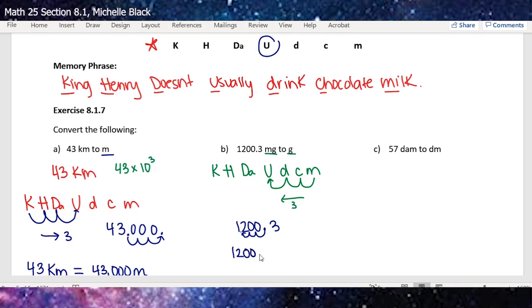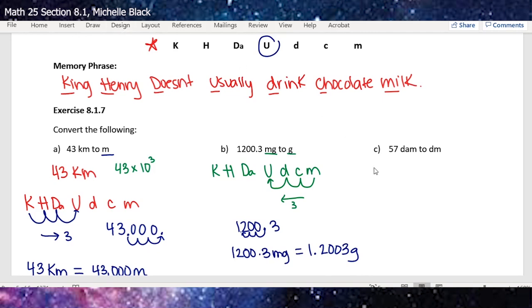So I have that 1200.3 milligrams is the same as 1.2003 grams. Now, since milligrams are smaller, it makes sense that you need a lot more of them to measure the same weight as just 1.2003 grams, right? A gram is larger than a milligram, so it's going to take more milligrams to measure the same weight as those grams.